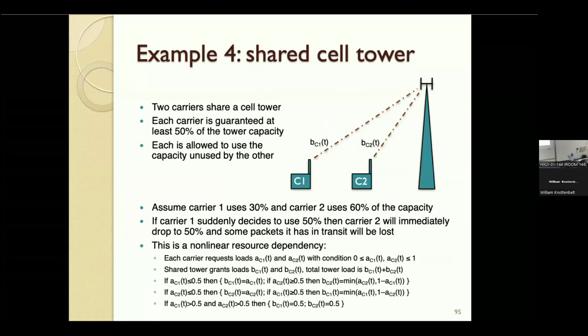And actually what happens is the dynamic behavior described there, that basically you can go for 30%, 60%. And the delay in the other line goes to both. And then actually, this is an example where a whole cell tower goes down. So you may not want to give a carrier more than its 50% if the other one is unused.